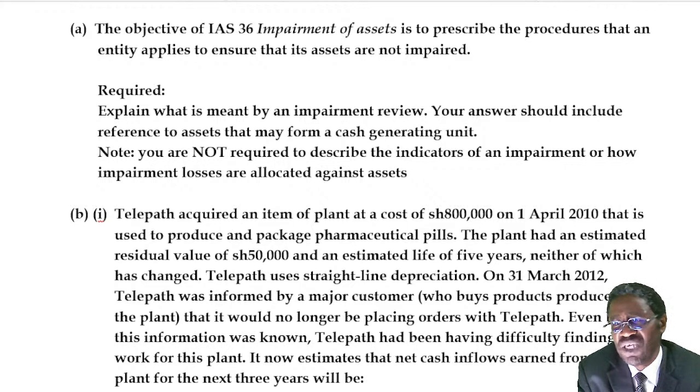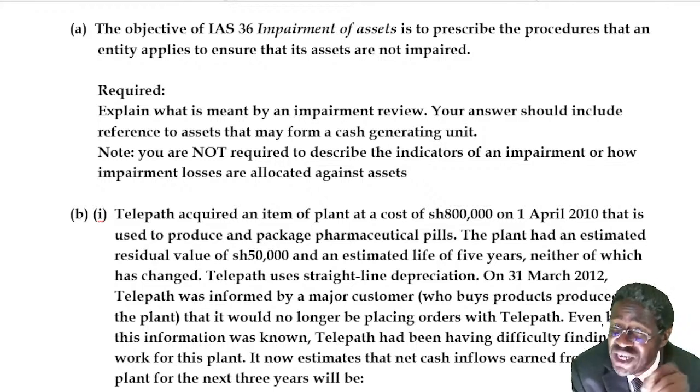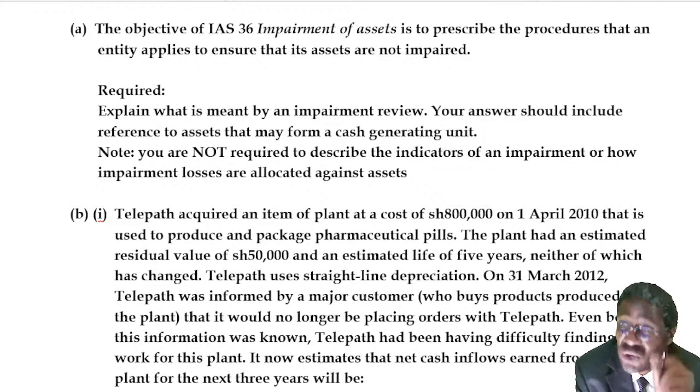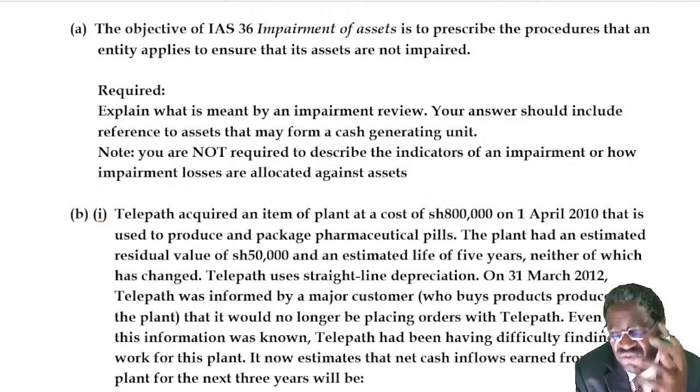Though the other note said, do not also indicate how impairment loss are allocated to the assets, I've already answered that one. Because it could have been asked that describe how we test impairment loss of a cash generating unit and explain how impairment loss are allocated. This one told you not to allocate. So that part A wanted you to know, first you should have told the examiner what is a cash generating unit.